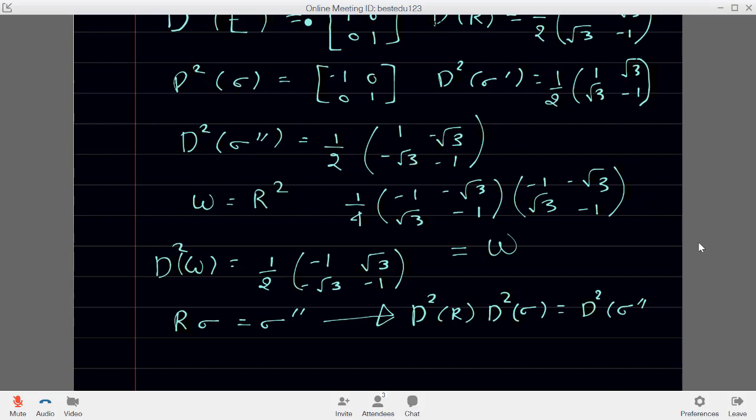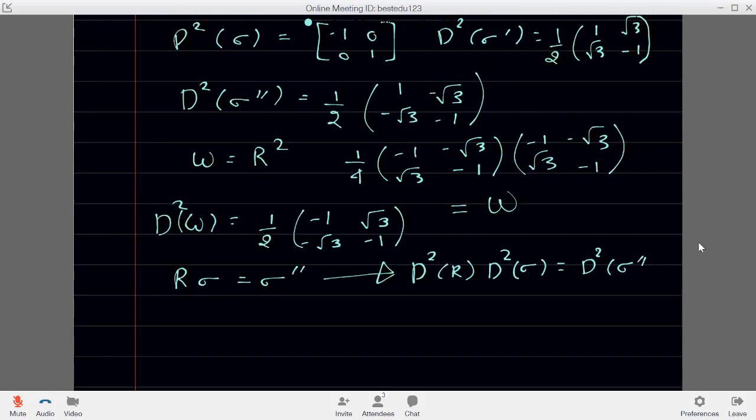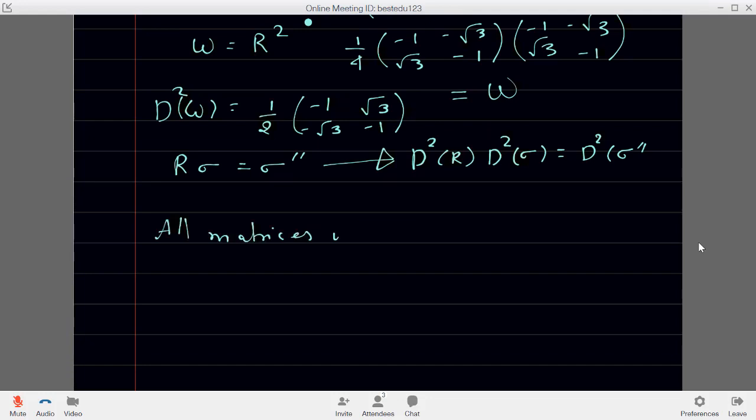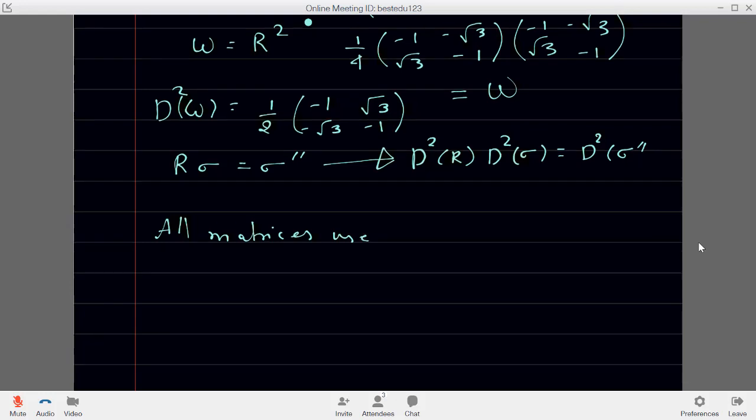Now here I want to convey one more interesting thing: all the matrices that I have used in the above representation belong to O2. Now here you will get a clear idea of what O2 is.